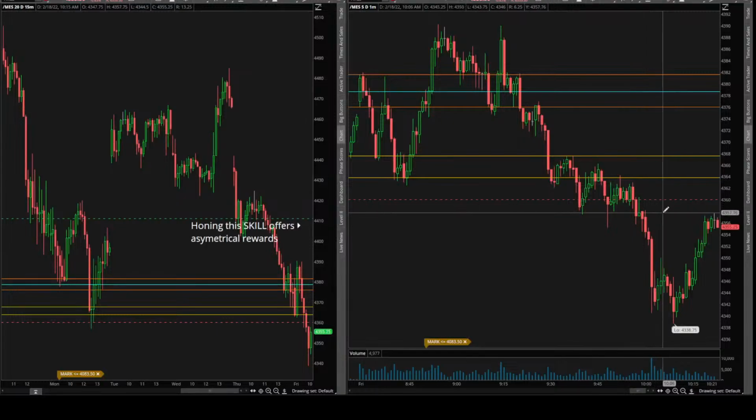Want to see us get up to that, but we're facing resistance here with the overnight. I'd like to see the NASDAQ push up a little bit more. I don't have a resting order in just yet.